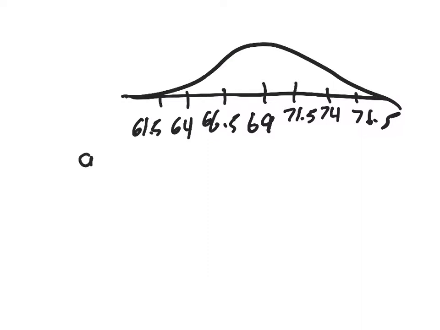And letter A is asking us to calculate the area under the curve for anybody greater than 6 feet tall, which is 72 inches. So when I find it on the curve, where would I put it? Why is this different from the other problems we did? Is it on one standard deviation or two standard deviations?